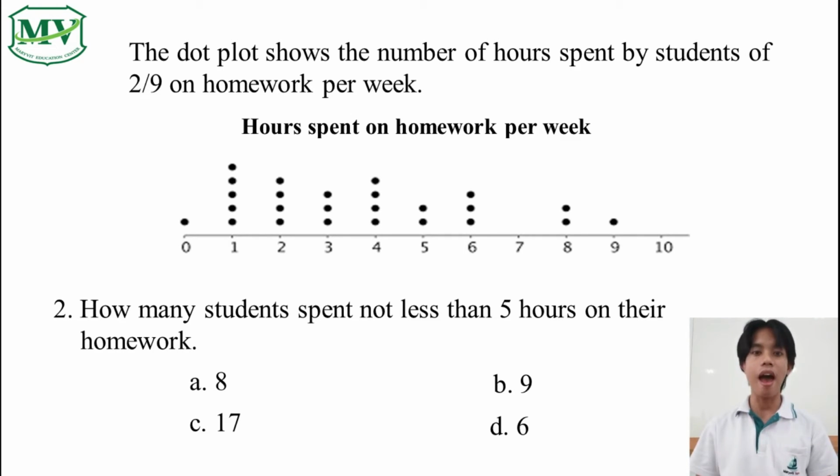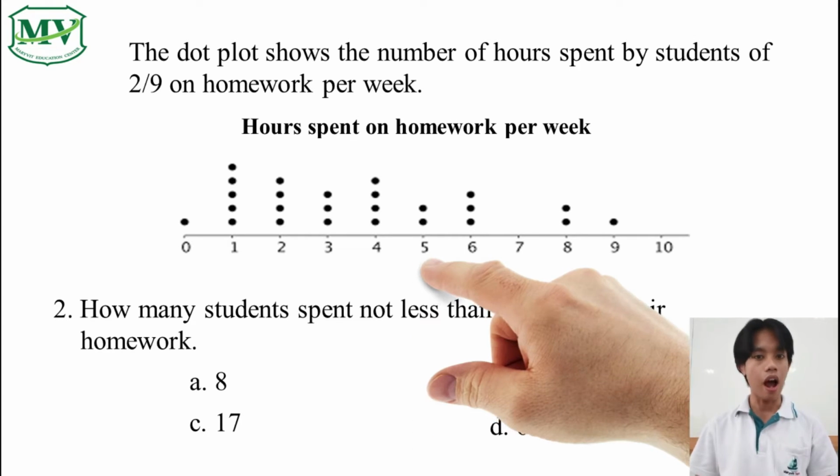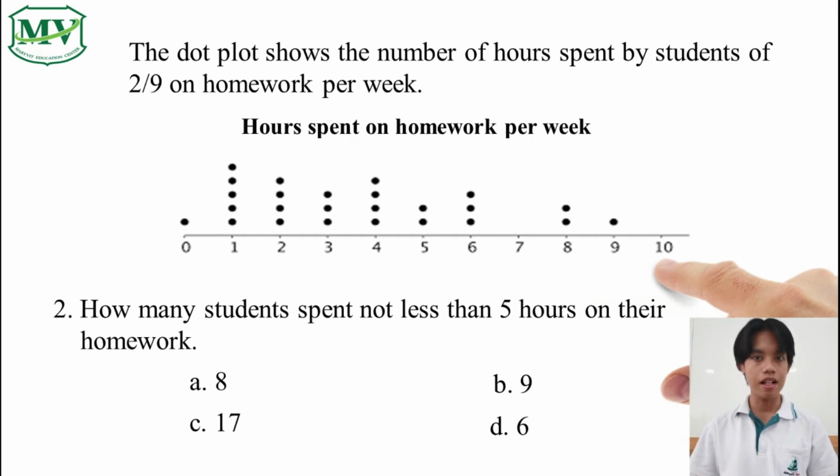Not less than 5 hours means 5 hours and up. That means a student that spent 5 to 10 hours on their homework. And how many are those? Count. Right, there are 8. And that's letter A.